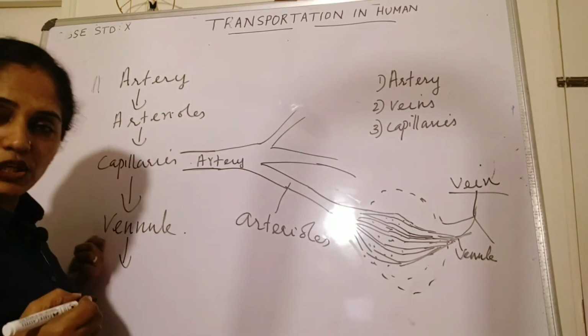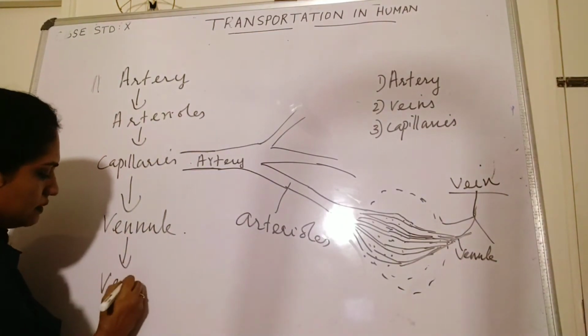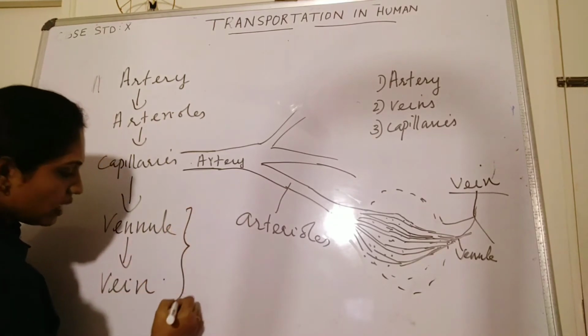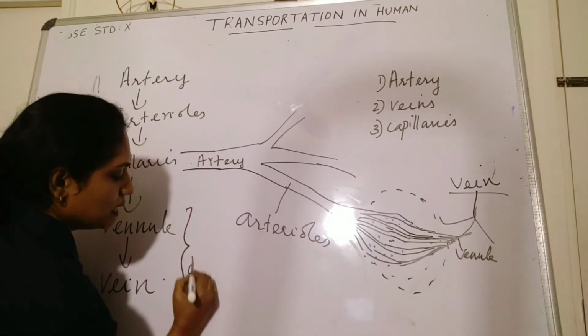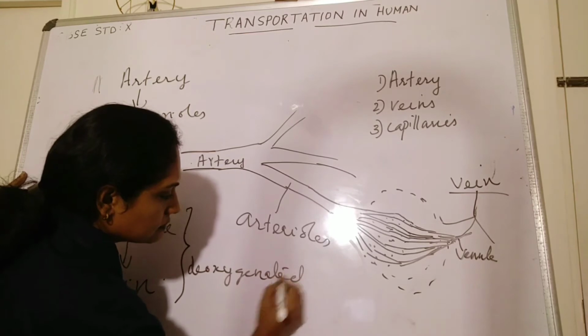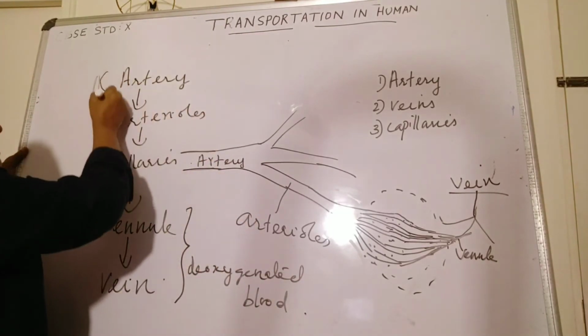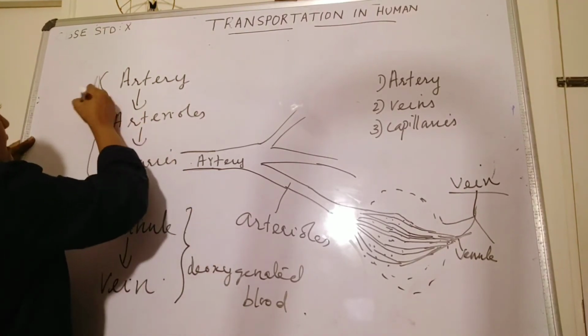Many venules join together to form a vein. So here in venule and vein we can see which type of blood? Deoxygenated blood. But here in artery, arteriole and capillaries, we can see oxygenated blood.